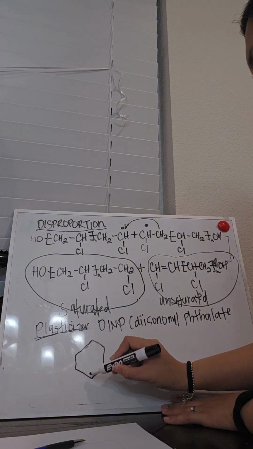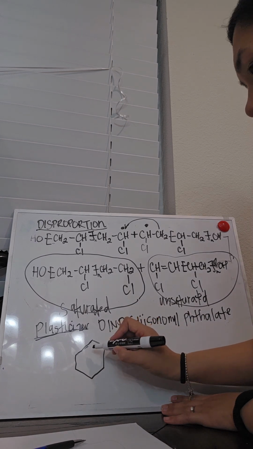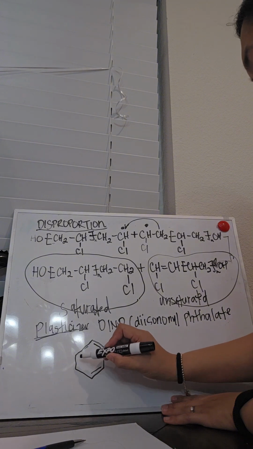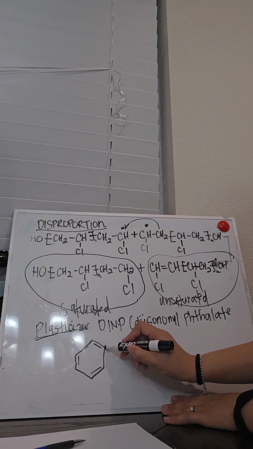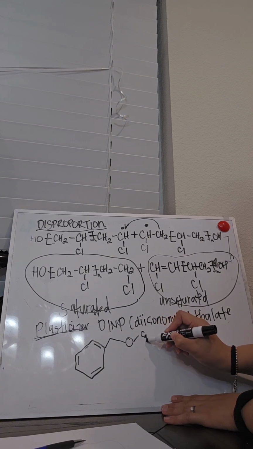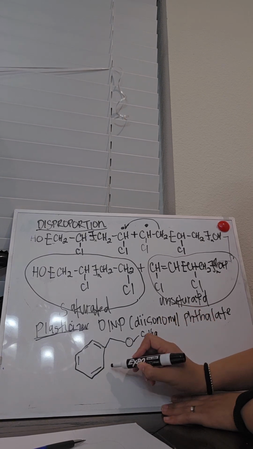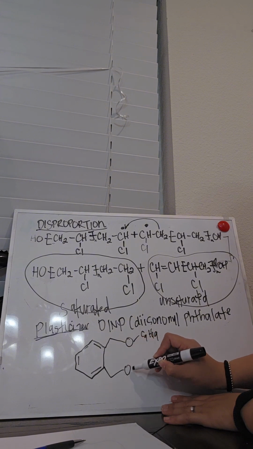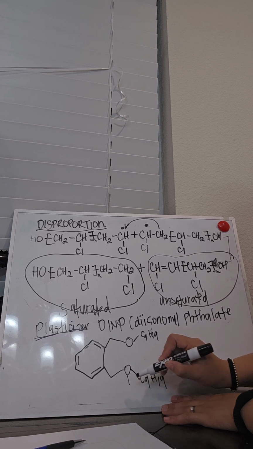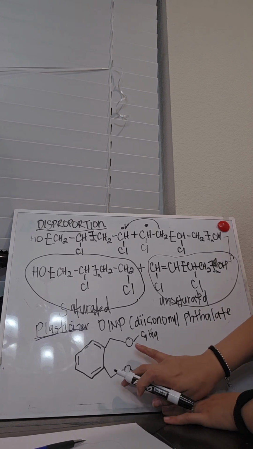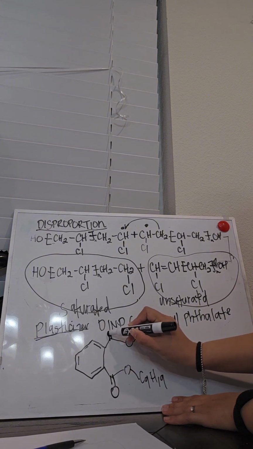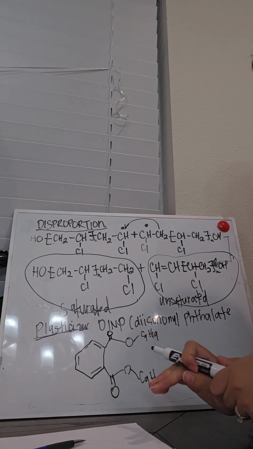So it has 1, 2, 3, 4, 5, 6 carbons. This has 9 more carbons and 19 hydrogens right there. And same on the other side. So that's the structure of the DINP.